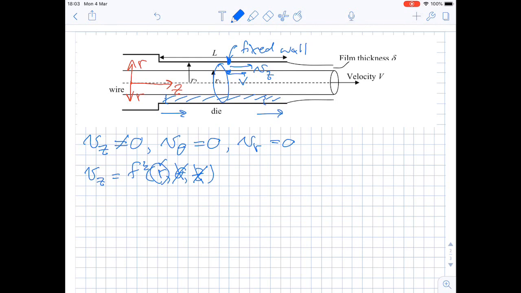If we want to draw a shell for this particular system, we know that Vz is a function of r. The shell size in the r direction is supposed to be thin, or the dimension in the r direction is supposed to be delta r. The dimension in the theta direction is supposed to be full size, that means it covers from 0 to 2 pi. And the dimension in the z direction is supposed to be the full size of L as well.